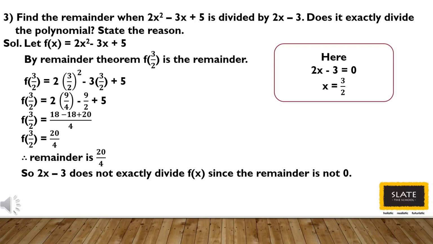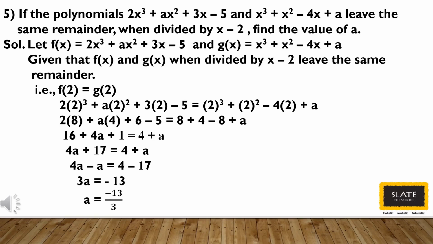On calculations, we got f of 3 by 2 is equal to 20 by 4. So here the remainder is 20 by 4. Therefore, 2x minus 3 does not exactly divide f of x, since the remainder is not 0.